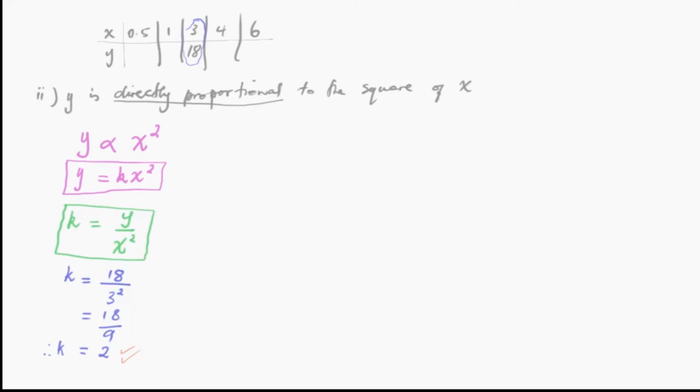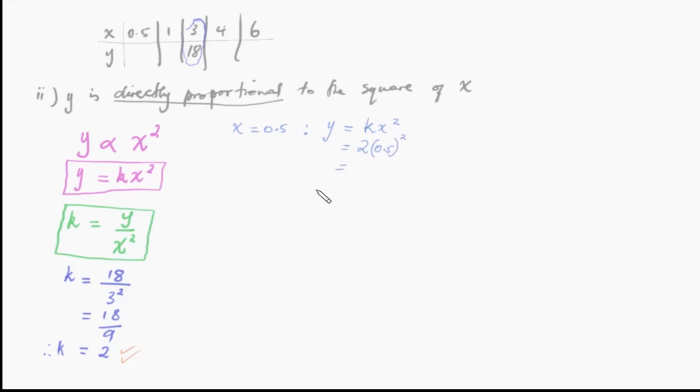Okay. Now let's see. When x equals 0.5, what will be y? Y is equal to kx squared. See here. So we know k is the same everywhere. It's a constant of proportionality. So it will still be 2 here. 2 times 0.5 squared.